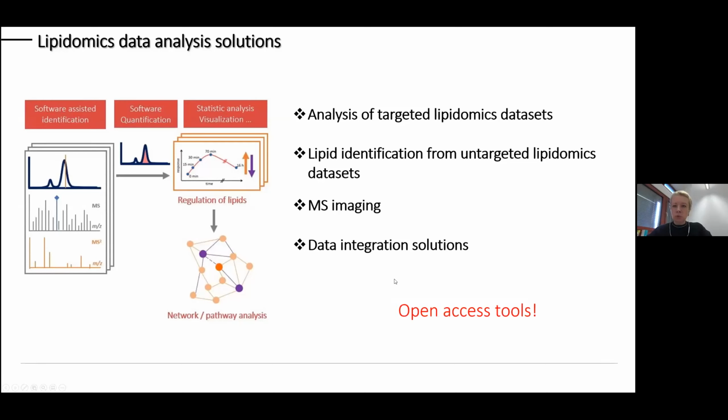Importantly, all the tools which will be shown during those tutorials are open access tools. So in principle, you will be able to download or use them over web interfaces just after all those tutorials and after all the information you will get about that.